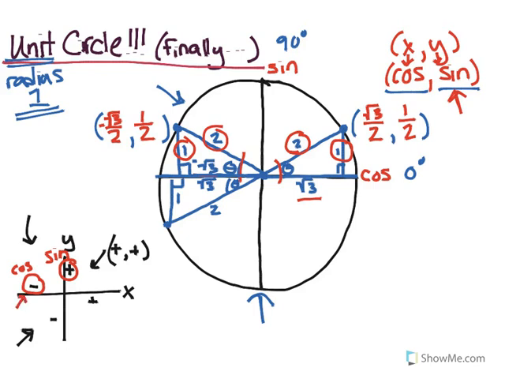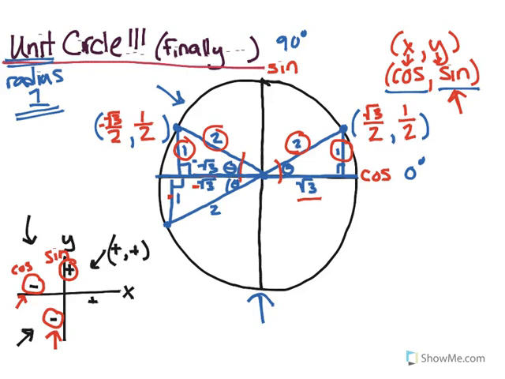And this time our sine value, if it's down here, is also negative. So in my picture, I'm going to make both the vertical side, which is the 1, negative, and the horizontal side also negative. Again, do not touch the hypotenuse.